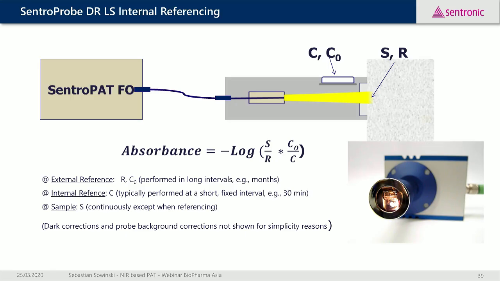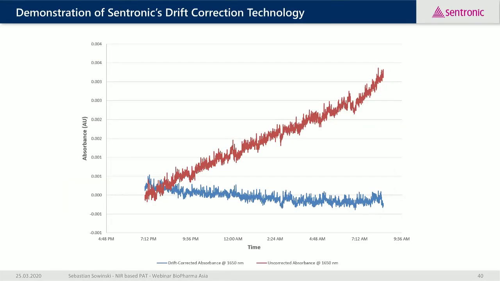This is explained here a bit in more detail. And to keep it a bit simpler here, the dark corrections and the probe background corrections, which are also part of the calculation of the spectra, are not included in the formula shown. The result of this is shown here.